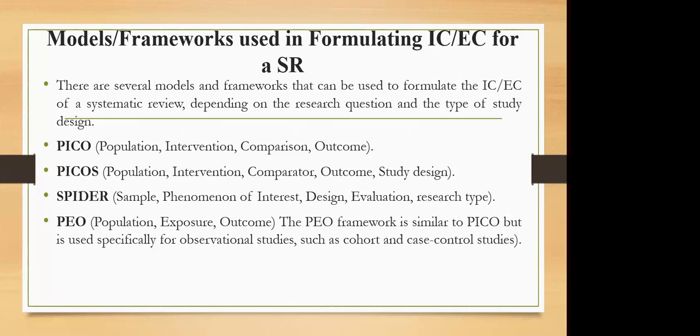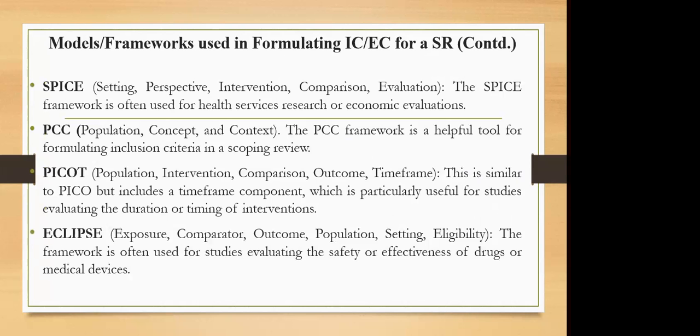You might just decide to generate the terms based on experience. But for a systematic review, dissertation, publication, whatever, for your inclusion and exclusion criteria, these models that I've listed out must be followed. Either of them must be followed.